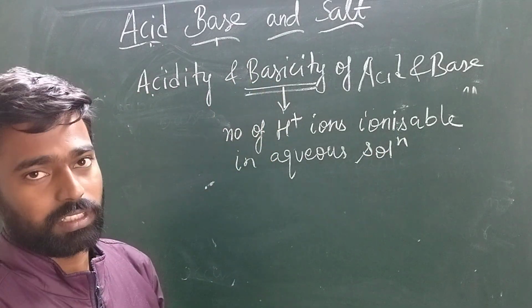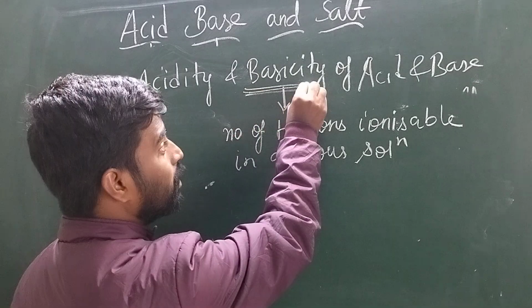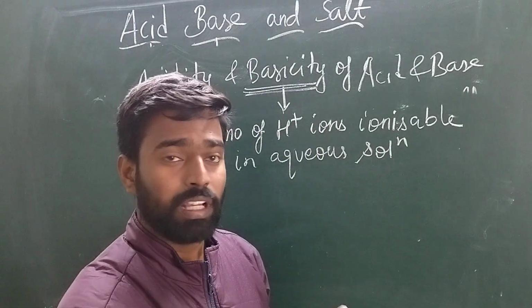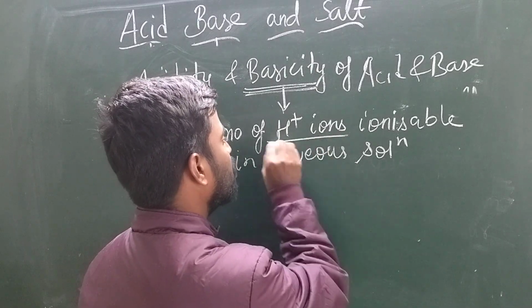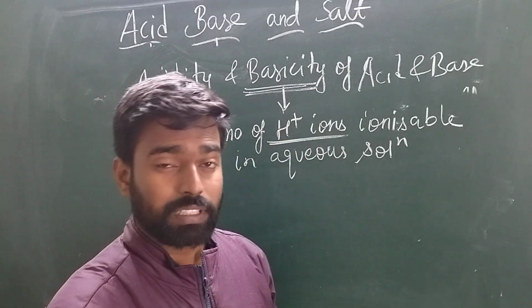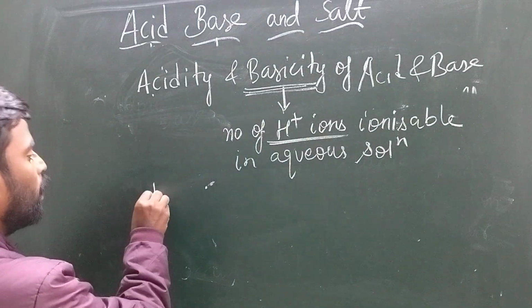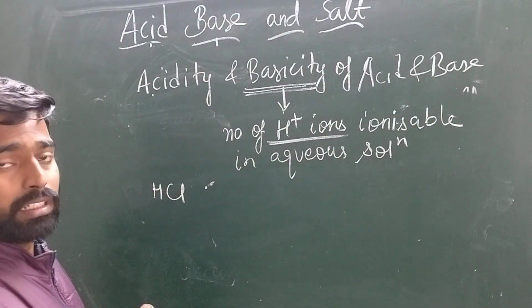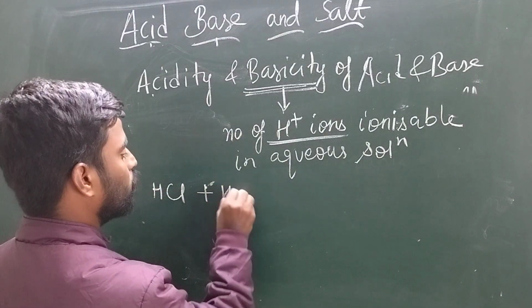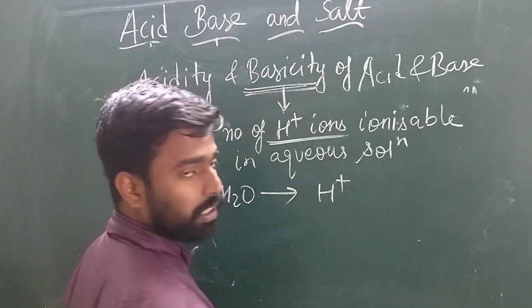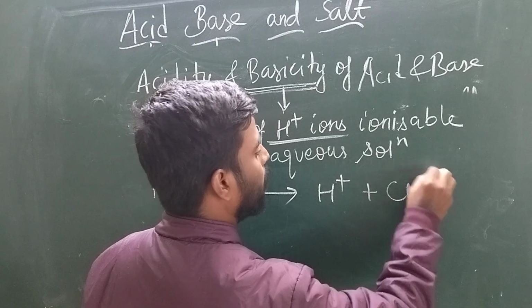Now, we are discussing the term basicity, and we are describing it by the definition of H plus ion. So let me take the example. When HCl dissolves in the aqueous solution, it gives H plus ion and Cl minus ion.